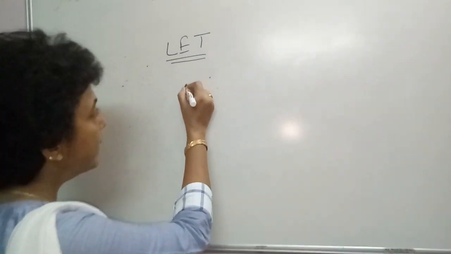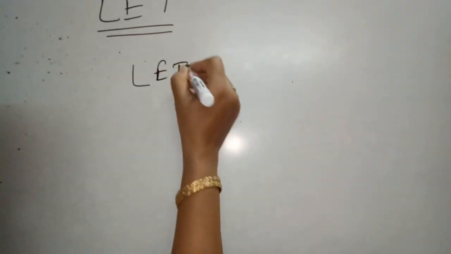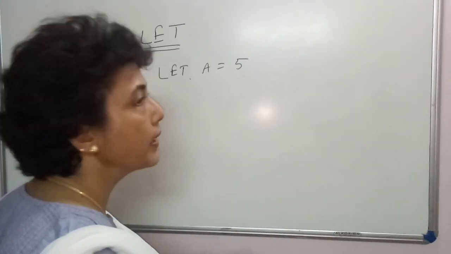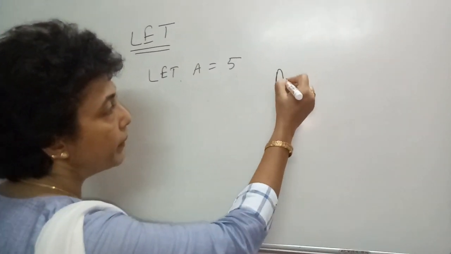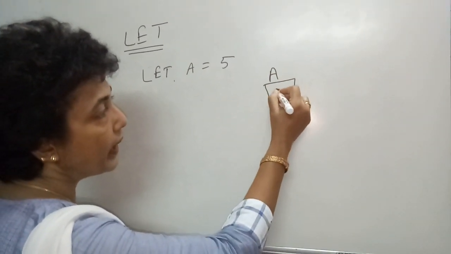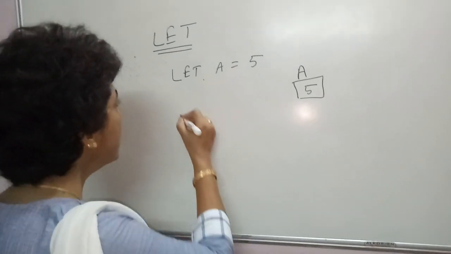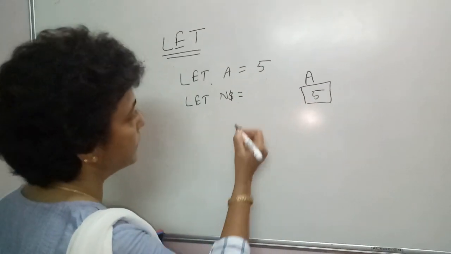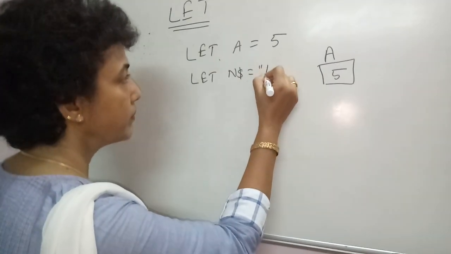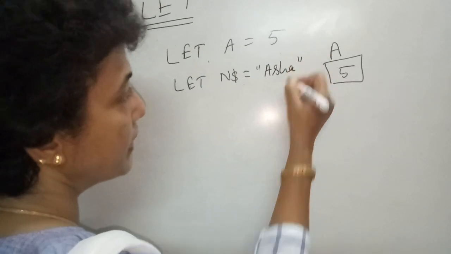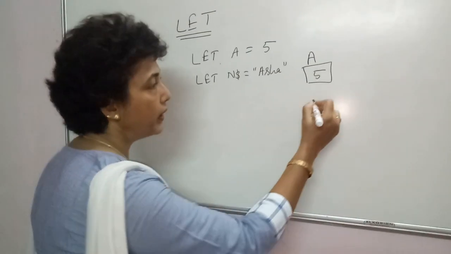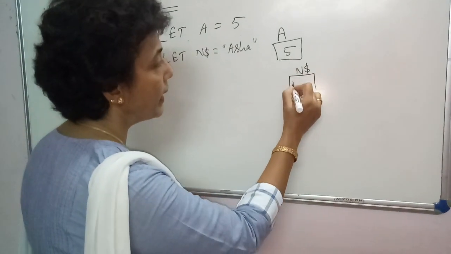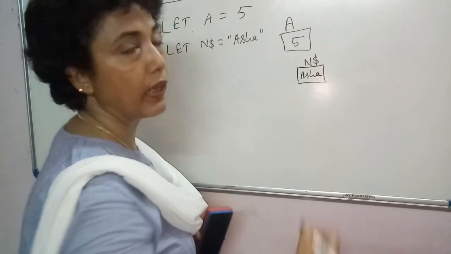We write LET A = 5. The meaning of this statement is that in the memory, a variable A is created and it stores 5. Similarly, when I write LET N$ = "Asha", then in the memory a string variable with the name N$ gets created and it stores the name Asha.